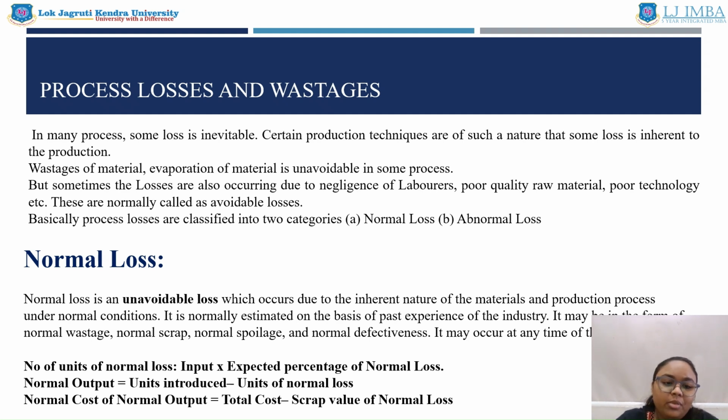There are some formulas through which you can calculate your normal loss, but let's discuss more about normal loss. So normal loss is an unavoidable loss which occurs due to the inherent nature of material or production process under normal condition. It is normally estimated on the basis of past experience of the industries.